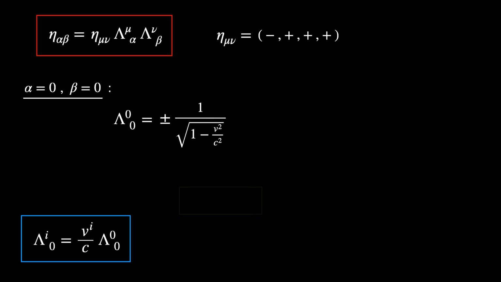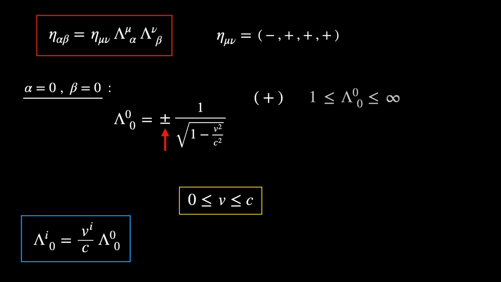So the relative speed between any two inertial observers has to be less than the speed of light. This is consistent with our earlier statement that any physical particle cannot travel faster than the speed of light. Notice that we can take either the positive or the negative square root. For the positive branch, lambda 0,0 can take values between 1 and infinity, for V ranging between 0 and c.